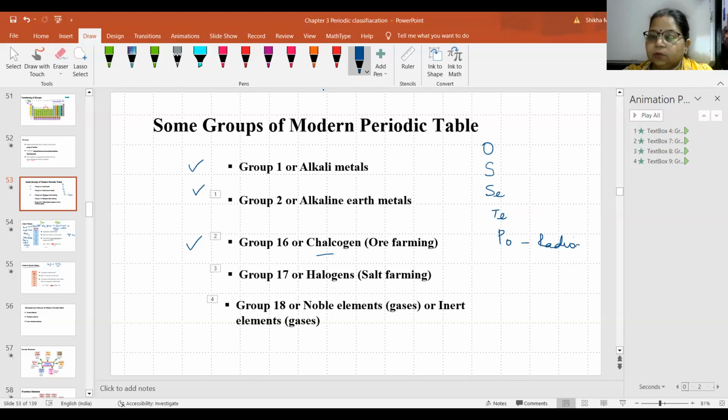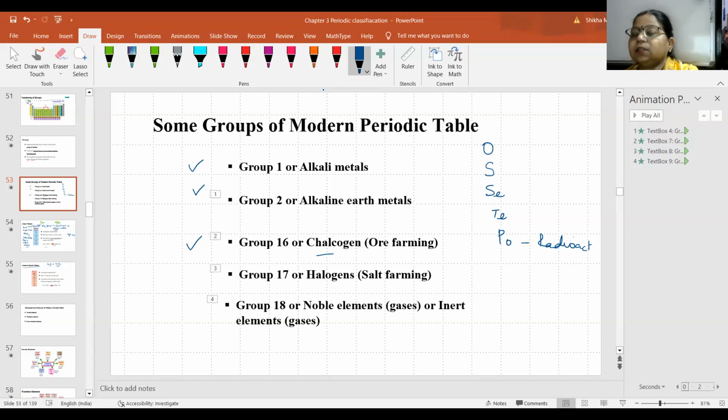I think I have told you that radioactive elements, or the transuranic elements, are found in very small quantities and their lifespan is too small. If I say a property, let's say atomic size, is increasing from oxygen to tellurium, that is correct. And if I say it is increasing from oxygen to polonium, that is also correct. It is not mandatory to always consider the last element, right?